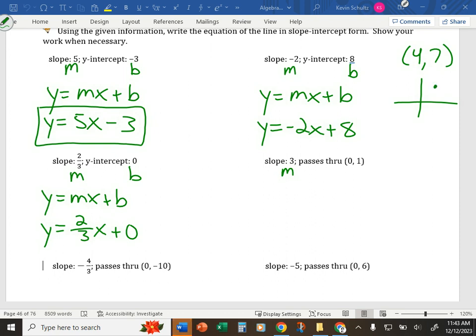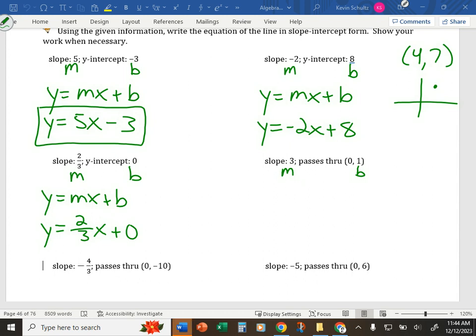It's not on the y-axis. So just because I give you an ordered pair doesn't mean it's the y-intercept. What about that particular ordered pair tells you it's the y-intercept? Because the x value is 0, right? When x is 0, that's the key. When x is 0, the y value is the y-intercept.